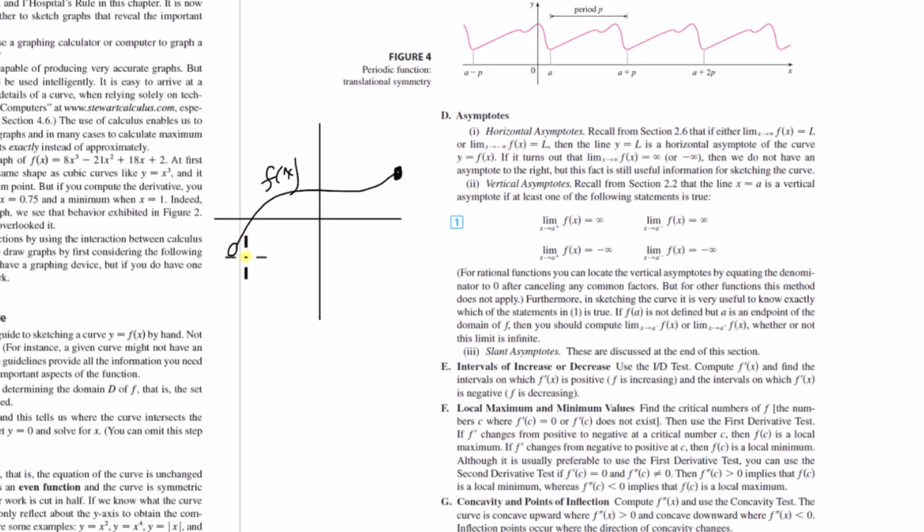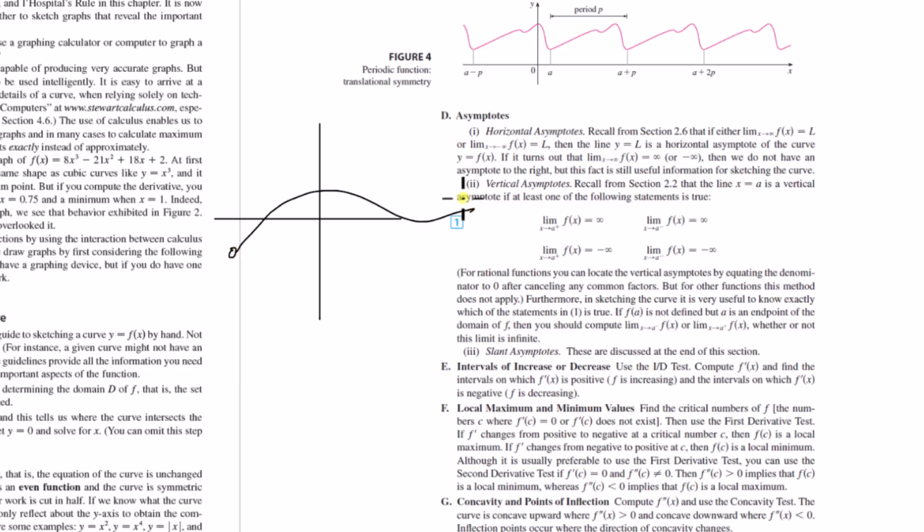But again, more from an analysis standpoint, like just analyzing the function from a physics standpoint or whatever, how the curve is behaving as it approaches the endpoint. Now, let's say the curve goes off to plus or minus infinity, or maybe one side is like this and the other side goes off to infinity.